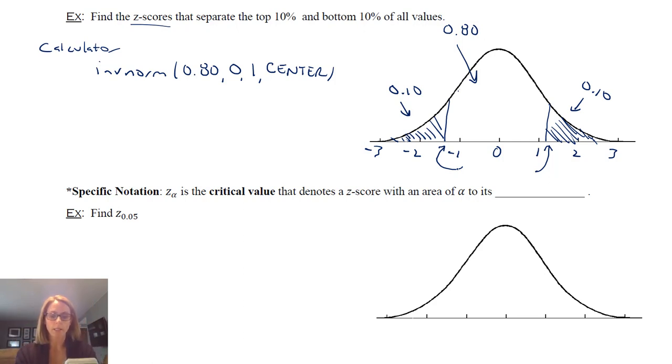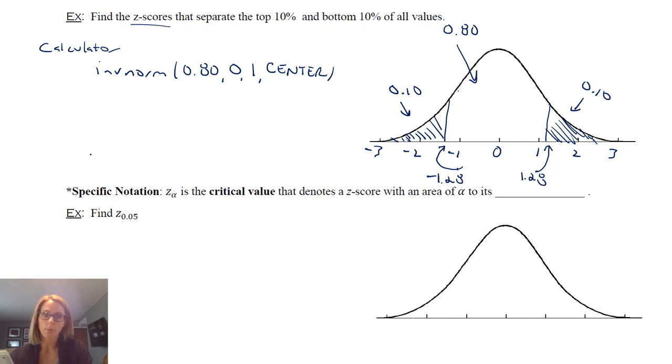So you can go ahead and go to the distribution, go to inverse norm, and then put in that 0.8, put in the mean, the standard deviation, but then choose center. And when you choose center, paste it, and press enter, what you want to see is that it gives you two values. It tells you that one of the values is negative 1.28. The other value is 1.28.